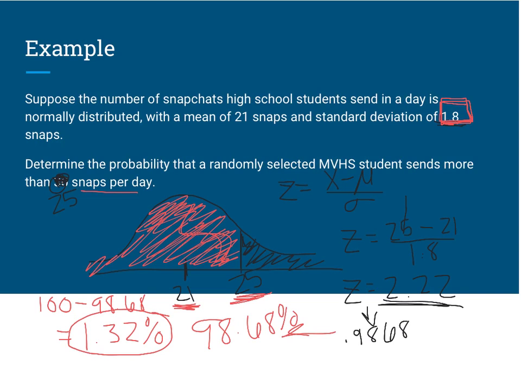So this is more than 2 standard deviations away. If you went 2 standard deviations according to the empirical rule, that would be 95% of your data, and there would only be 2.5% left in the tail. And this is actually even more than that, which is why our number is so low.